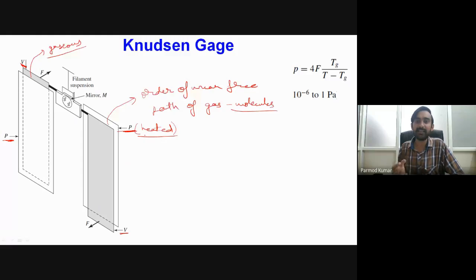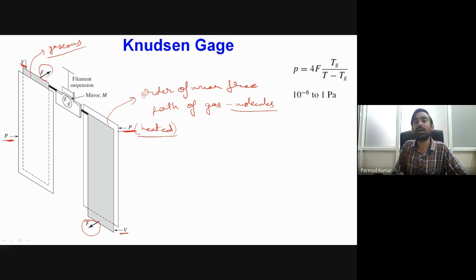Okay, and as the movable plate is at low temperature in comparison to the temperature of the heated plate, the molecules will be coming with high energy and they will be transferring a certain amount of energy to the moving plate. Because of that, there will be a certain amount of force. So F amount of force will be acting on the movable plate, and because of that, that plate will try to move away from the fixed plate.